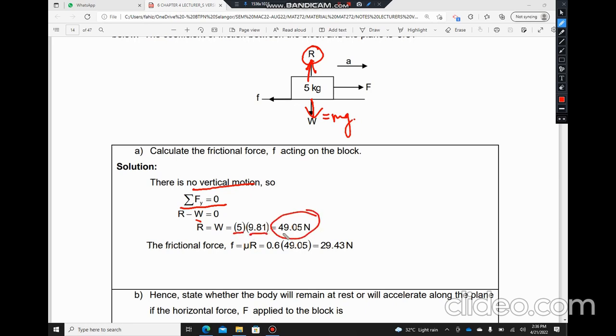So your R is 49.05 Newton. So we got R as 49.05 Newton.